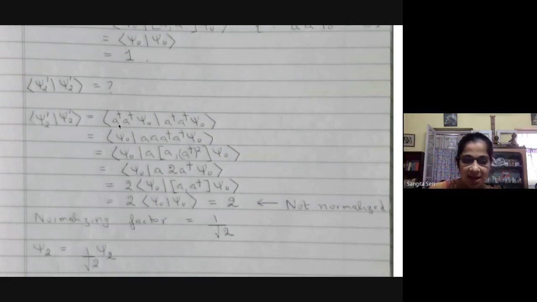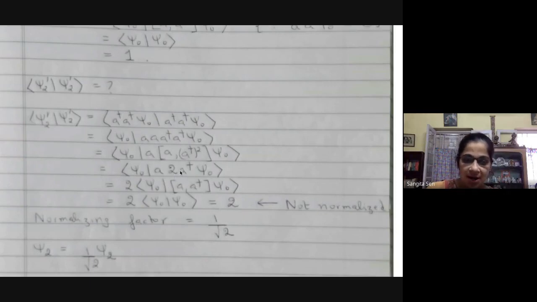You have a dagger on the bra, and then we shift that to the ket, so we have a now. Then we replace the last three operators with the commutator, because again in the second term, a is to the extreme right and will annihilate psi0. The commutator's value is 2 a dagger.